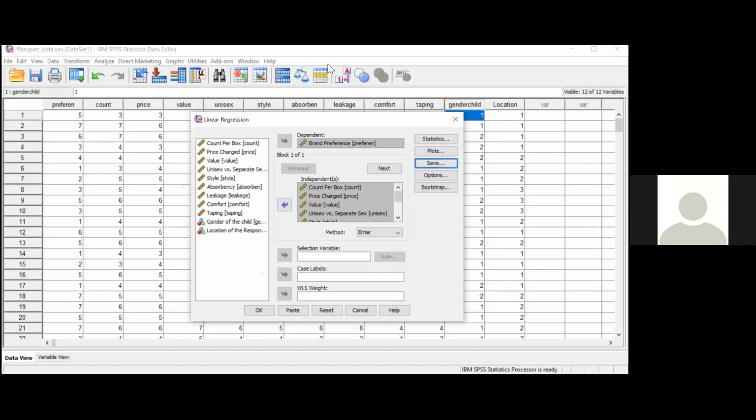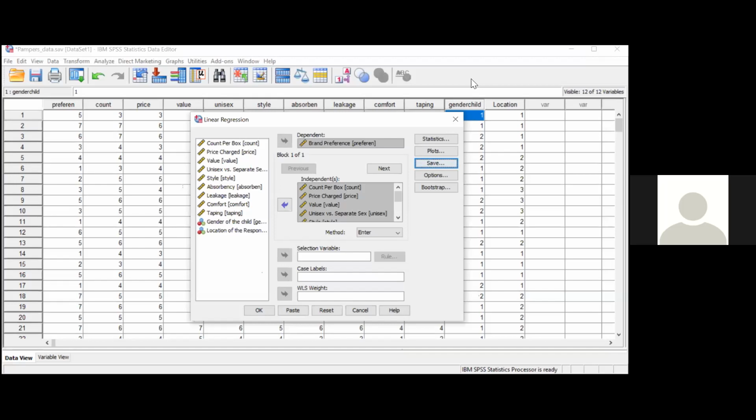Yes, the question is about multivariate. The bifurcation is: univariate is a single variable, bivariate means we have two variables, and multivariate means we have more than two variables. Then obviously it belongs to multivariate data analysis. I will explain what we mean by predicted and residual value, so have patience.